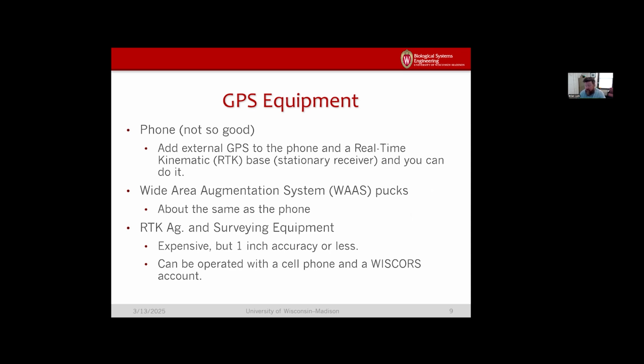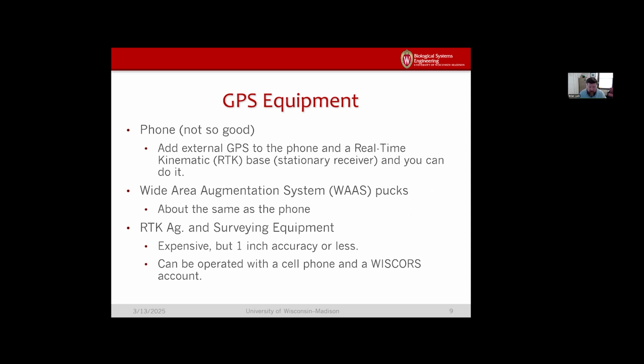Something interesting I did find that makes me kind of excited, and I'll show you a little bit more about it later. If you are able to add an external GPS receiver to your phone that is capable of working with an RTK correction signal, there's a free app on your phone where you can use it as a data logger, and you can start surveying with a little receiver and your phone, as opposed to buying the survey grade equipment, which is upwards of $10,000.